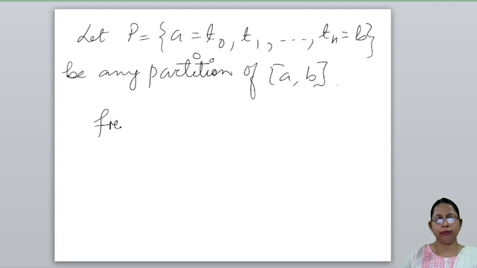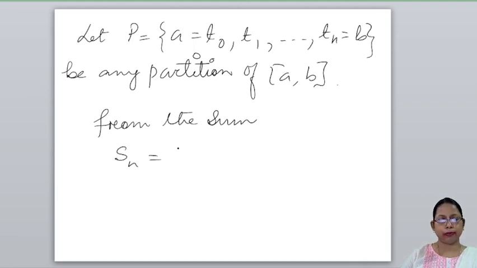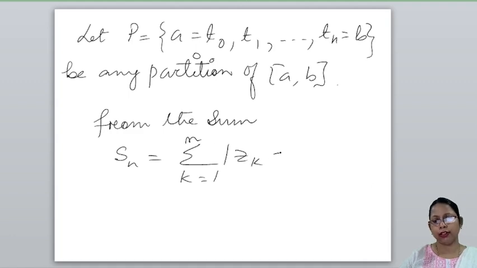Then we have the sum, which we discussed in the rectifiable curve lecture and in the formal definition of complex integral. You should go through those lectures and check out this sum over k from 1 to n of (zk minus zk minus 1) times f of chi k. Okay, we have already discussed this.